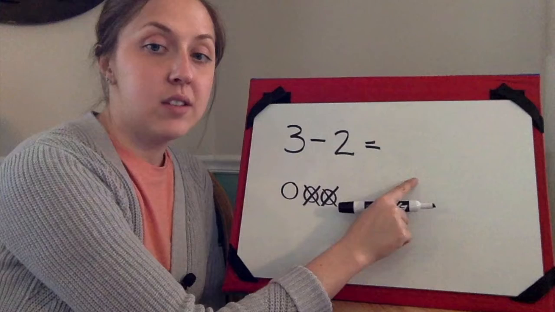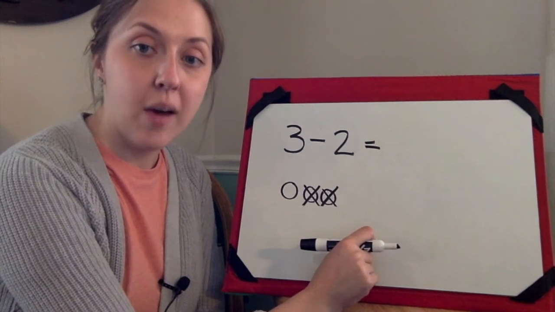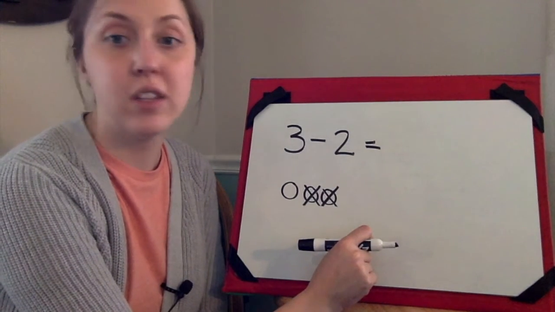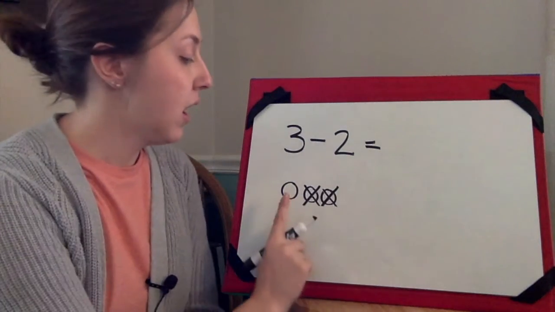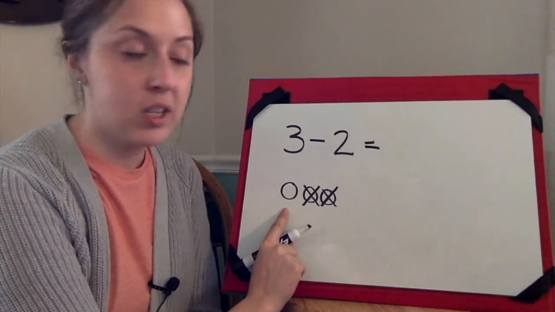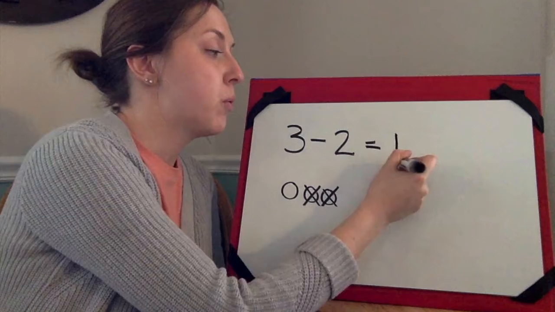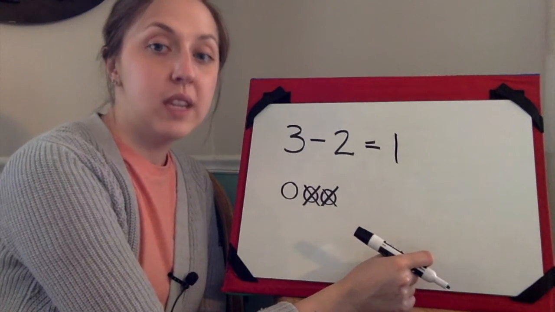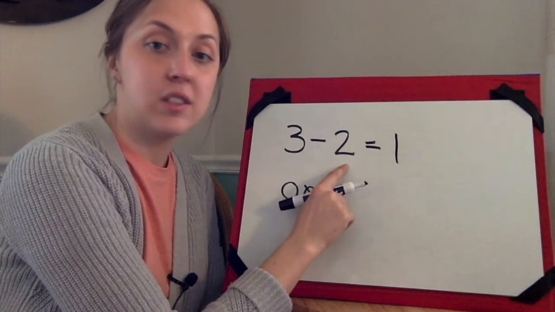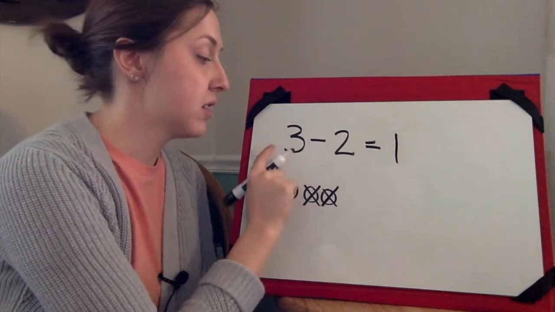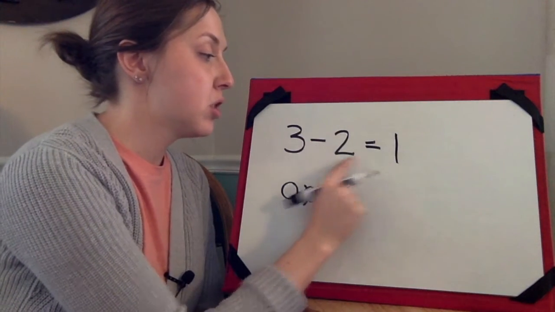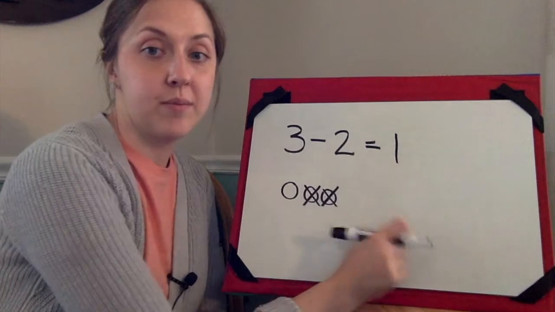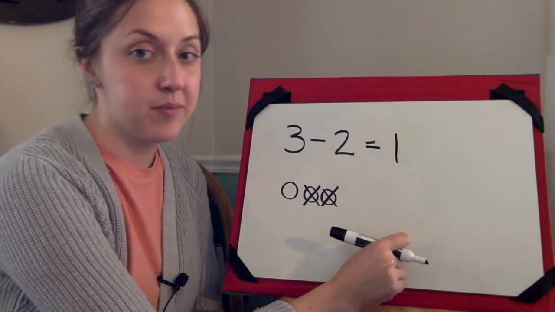Now, to get an answer, I just need to count how many circles are left that do not have X's on them. I only have 1 circle left, so my answer is 1. Now I can read this sentence just like I do addition sentences, but it's going to be a subtraction sentence. 3 minus 2 equals 1. See how I did that?